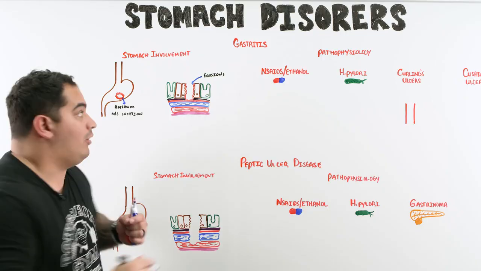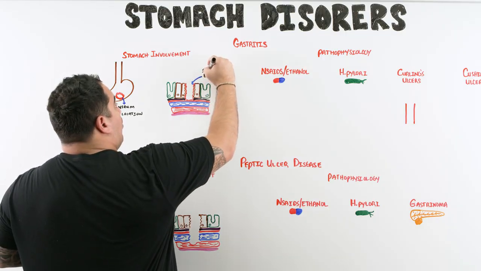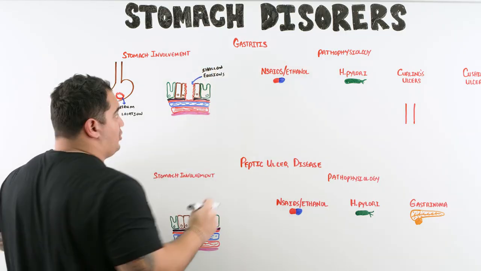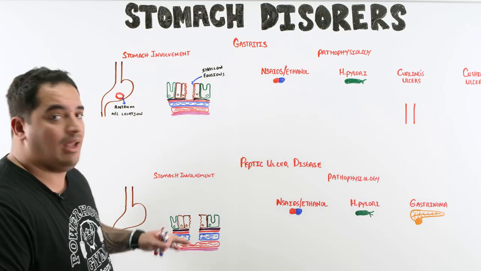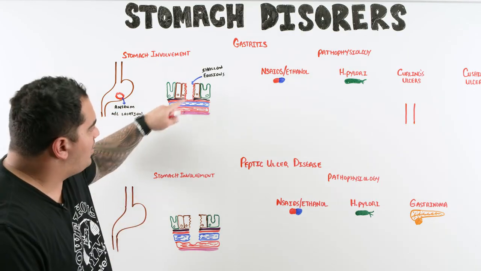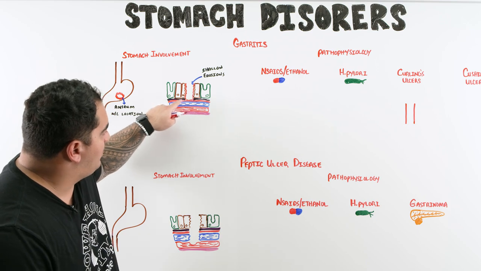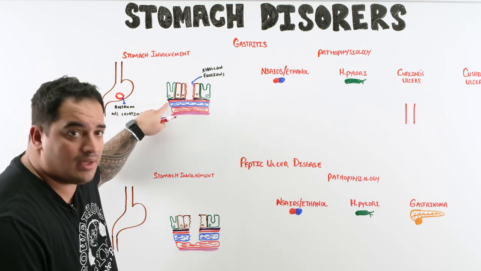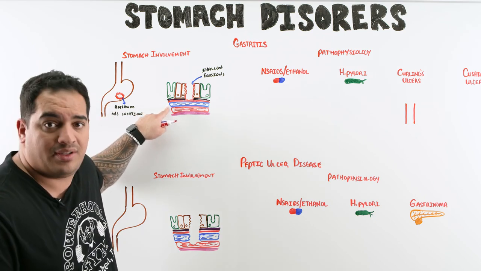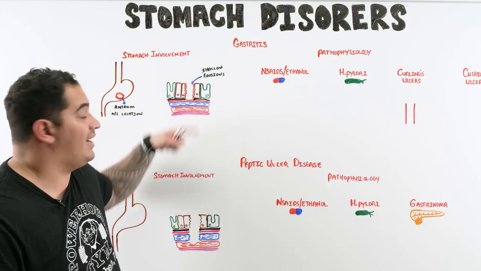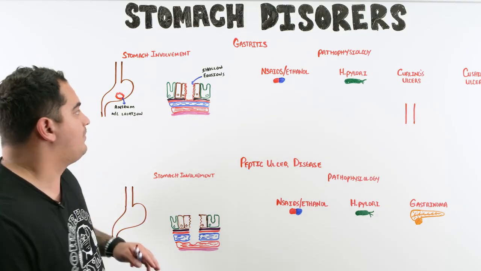They're really shallow, and that's really important. That's one big differentiation between gastritis and peptic ulcer disease. Small, shallow erosions usually only extend through the epithelial layer and sometimes into the lamina propria, but they'll never cross the muscularis mucosa and go into the submucosa. If they do, it's no longer gastritis, it's ulcers, peptic ulcers.